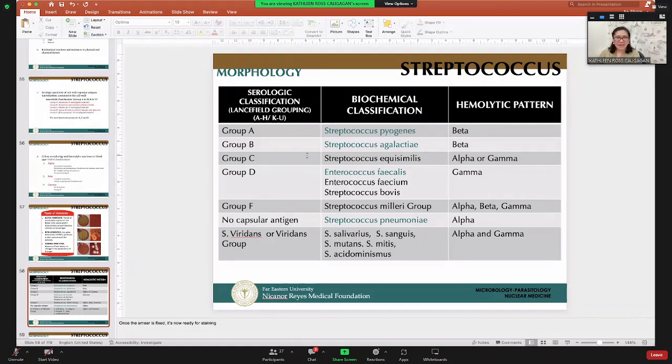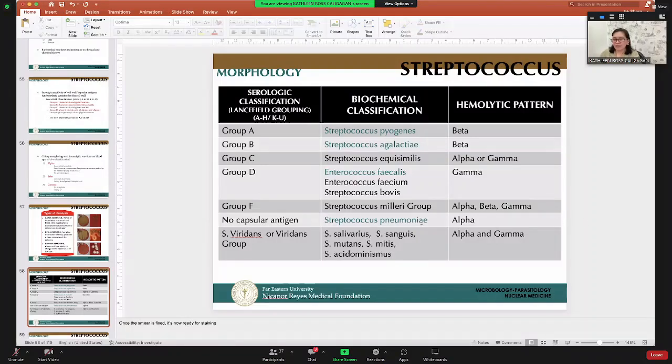Group B, you have Streptococcus agalactiae, beta hemolytic. Never mind group C. Group D, Enterococcus faecalis, with gamma pattern. No capsular antigen, so they do not have a Lancefield classification.